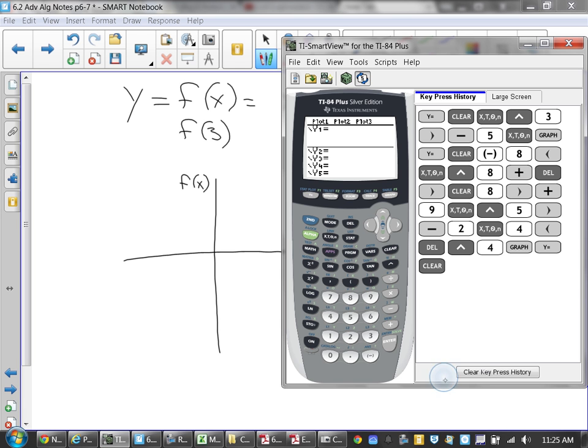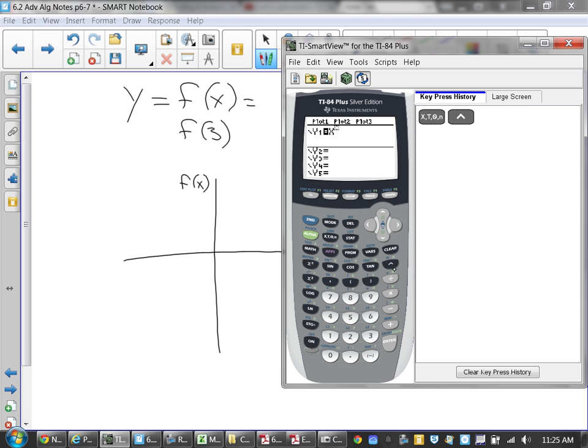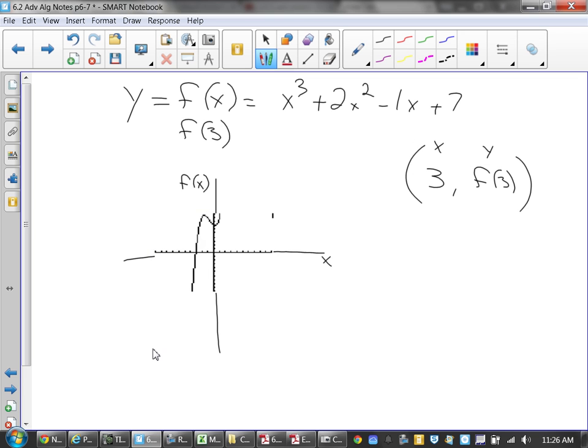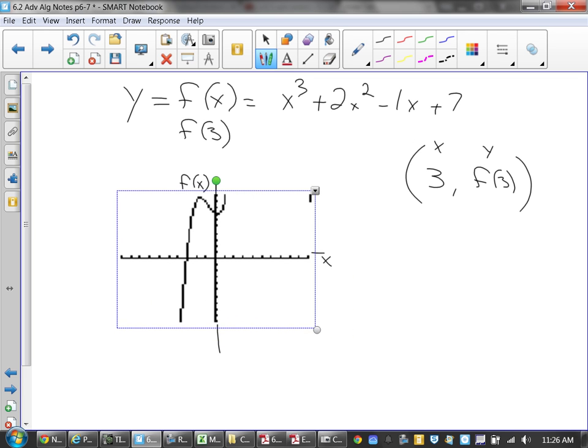Just for fun, if I look at this graph, it is basically going up, changing directions, and continuing. Everybody kind of see that?